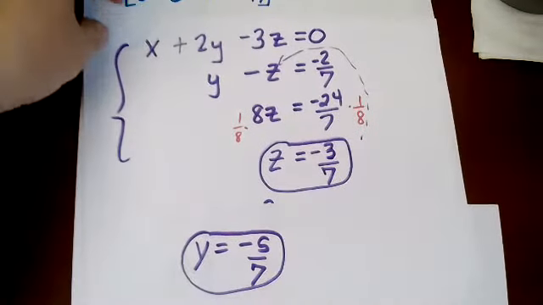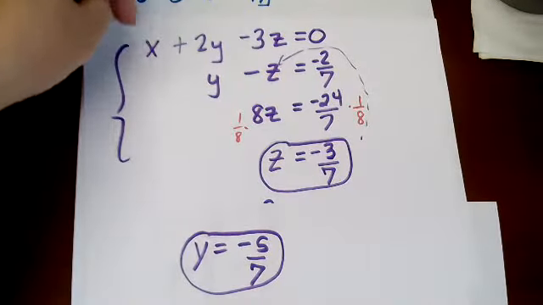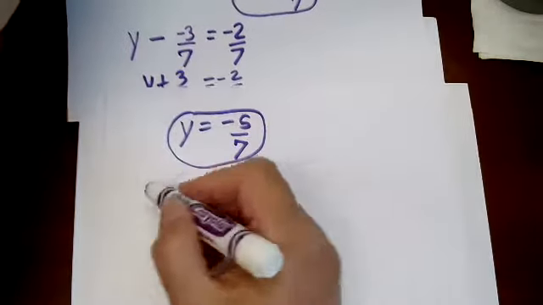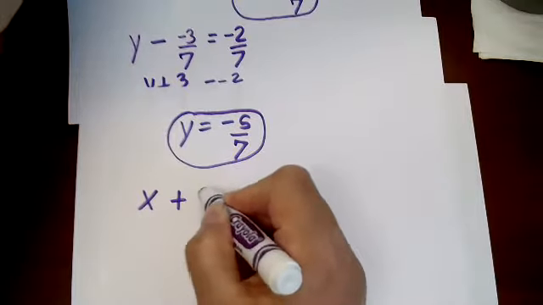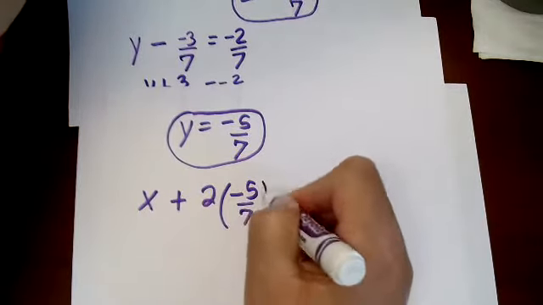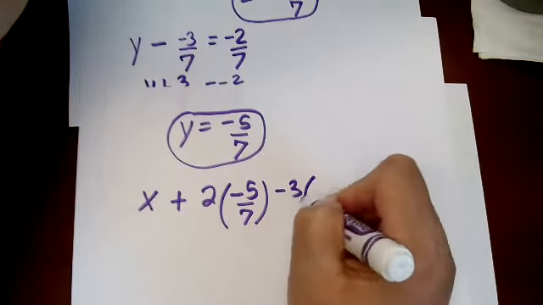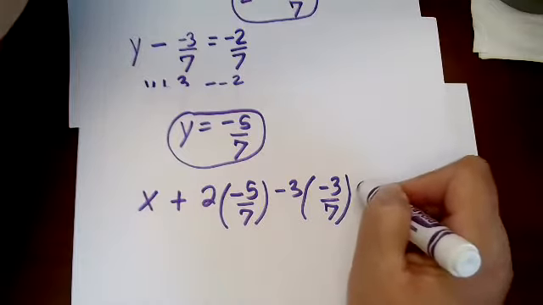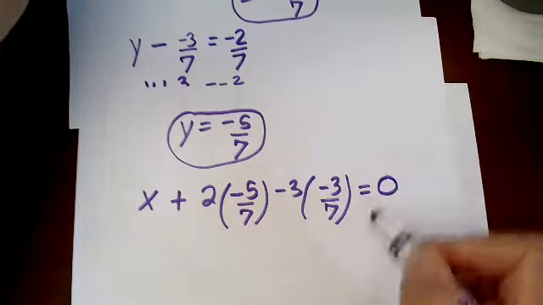So I'm going to take this y and this z value and plug it back into this original one. So I'm going to have x plus 2y, that's 2 times negative 5 sevenths, minus 3 times z, which is negative 3 sevenths, equals 0.